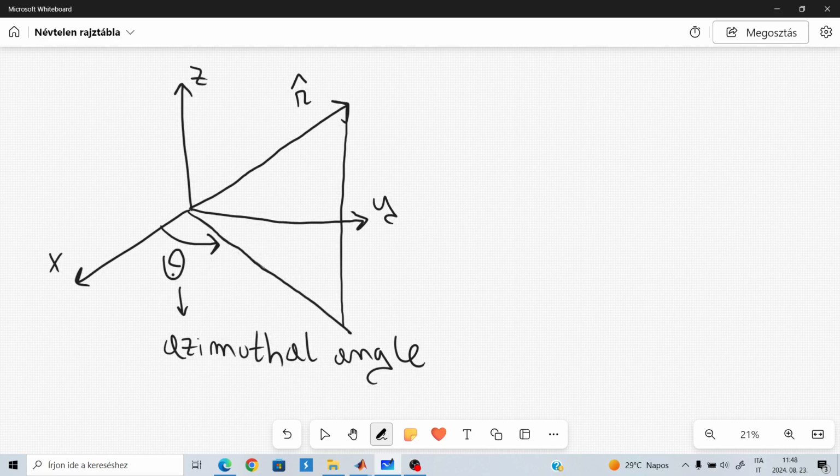And in some other sources, this angle here is called phi. So pay attention to that because some references usually use phi instead of theta, but I prefer to use theta because I have grown up using theta for the azimuthal angle. And I have used phi for the polar angle.